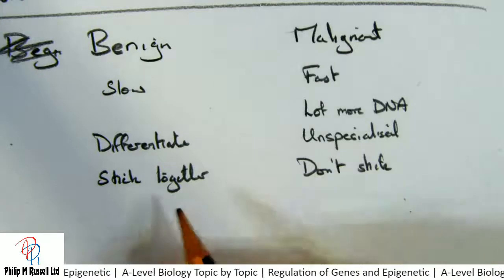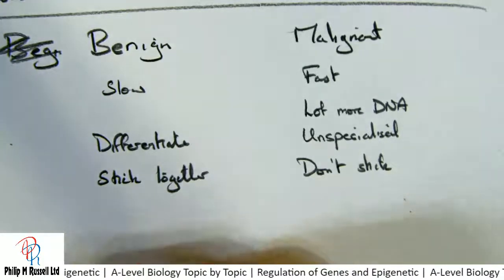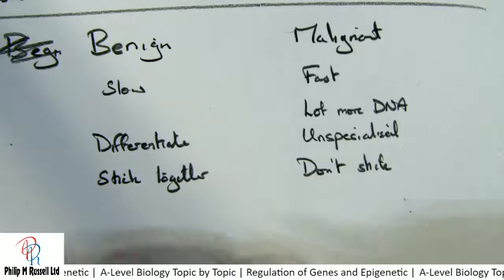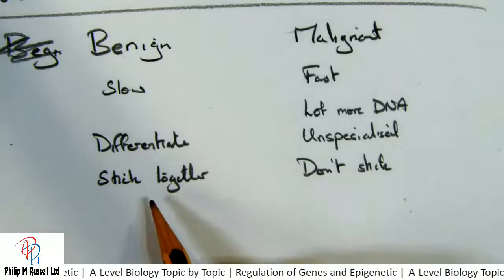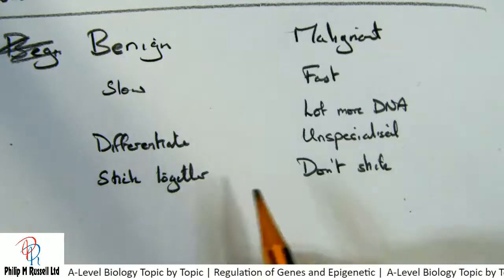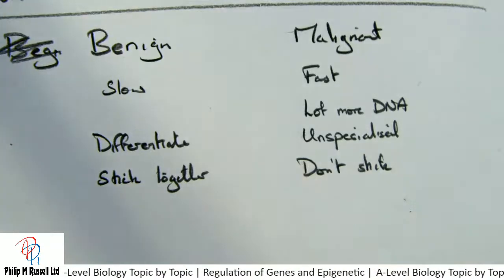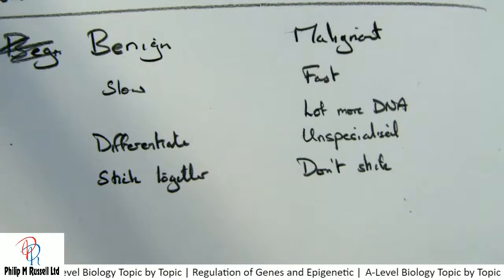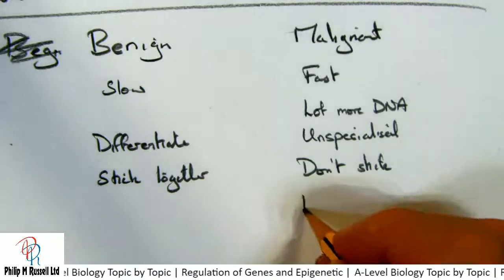These tumours are surrounded by some sort of capsule of dense tissue, so they remain fairly compact. The tumours here are not surrounded by this, and so they grow out finger-like projections.